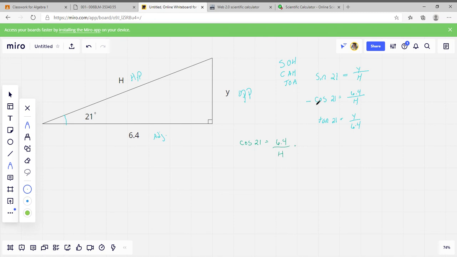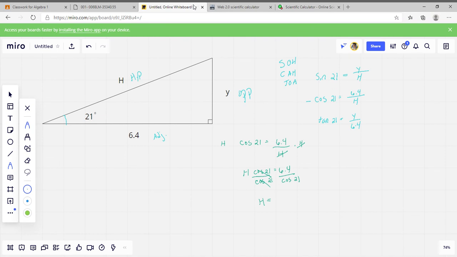I'm going to multiply both sides times h, and I'm going to get h times the cosine of 21 equals 6.4. Now I need to divide by the cosine of 21, and I'm going to get h equals 6.4 divided by the cosine of 21.